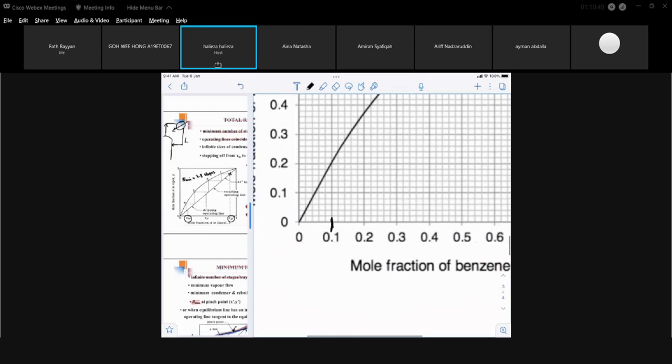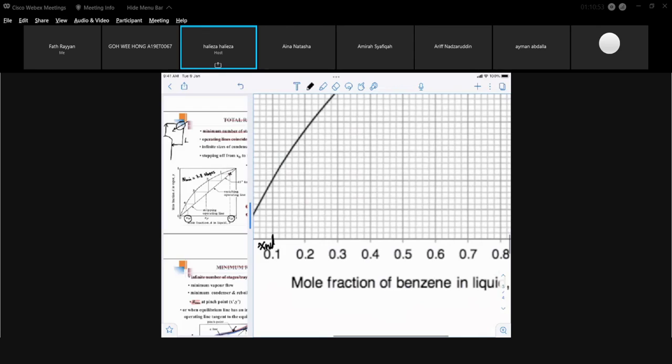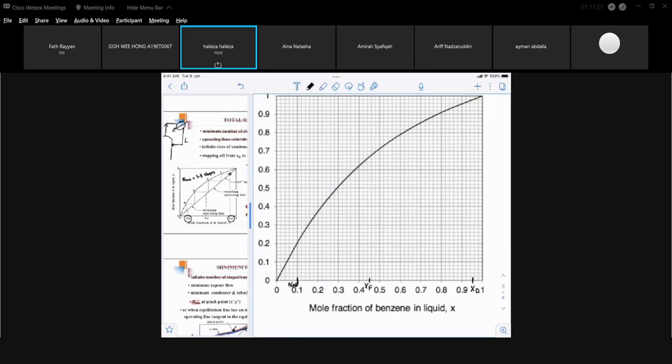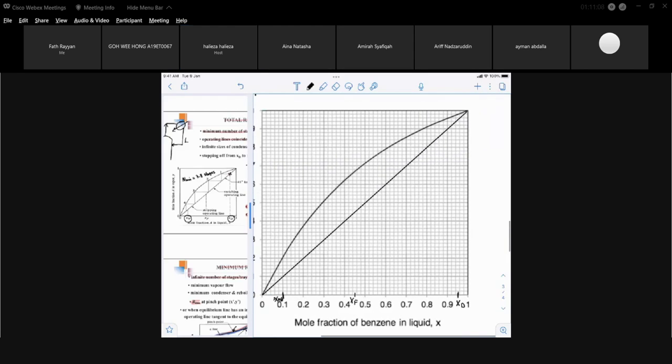This is my XW. My XF, it doesn't matter where it is, but I just put it here. Because I don't need to get a Q line anymore. I just need my 45-degree line. And that's my 45-degree line. So I will start from my XD, and I will stop at XW.